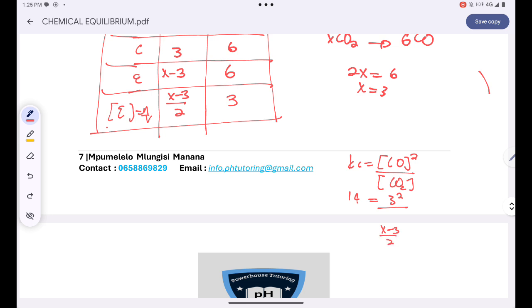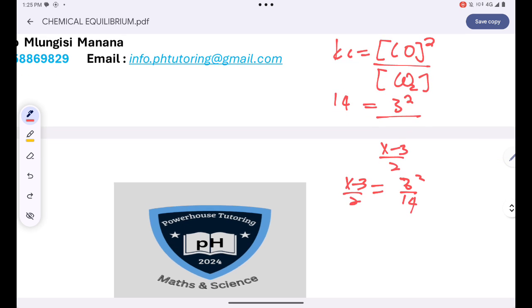I can simply cross multiply over there. Then I'll end up having x minus 3 over 2 is equal to 3 squared all over 14. I know that 3 squared is equal to 9, so I can simply write 9 all over 14. That means x minus 3 is equal to 9 over 14 multiplied by 2. Then x is basically 9 over 14 multiplied by 2 plus 3.